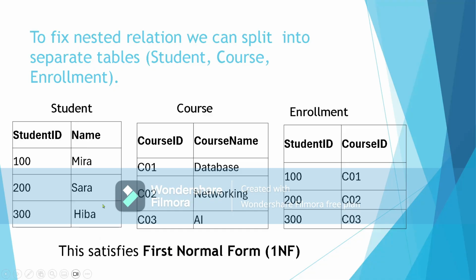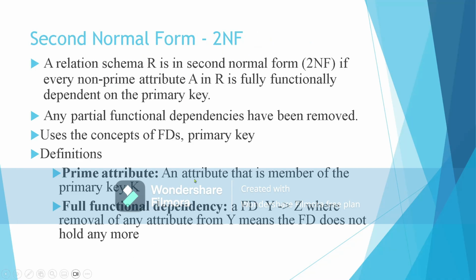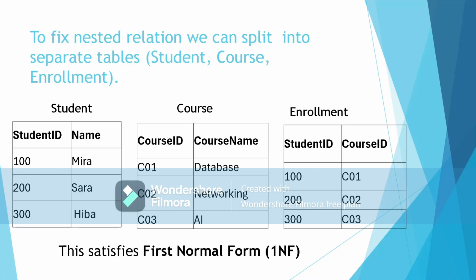And this satisfies the first normal form. In this normal form, student details and course details are written separately, and finally, mapping is done between these two tables.